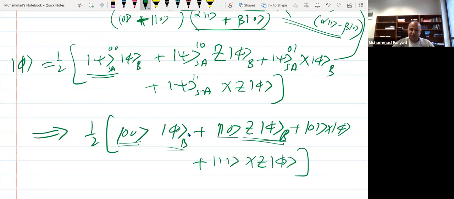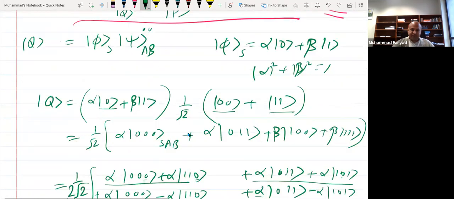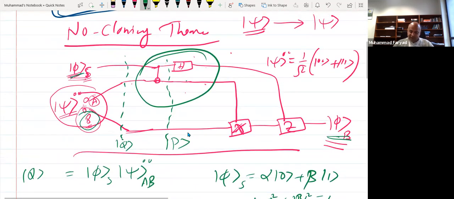That's why you see there's a Z gate with respect to this one, and there's an X gate with respect to this A qubit. This is the S qubit. So this is SA, when this is 0 and this is 1.